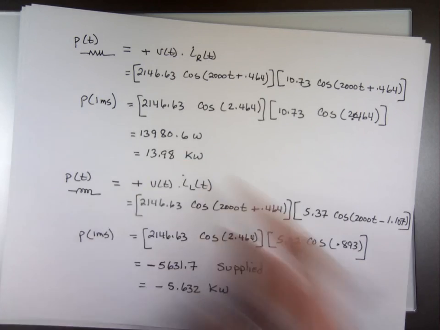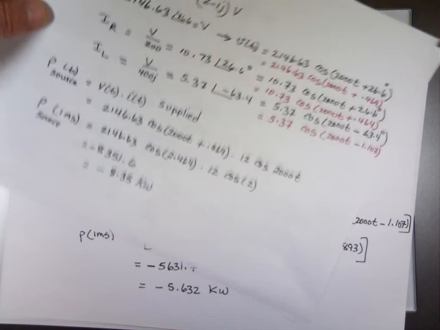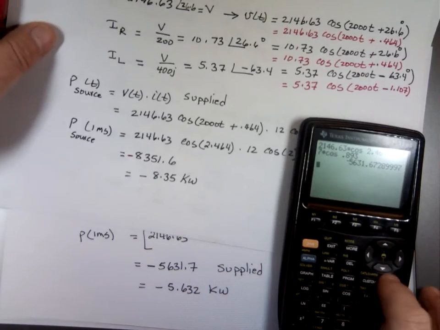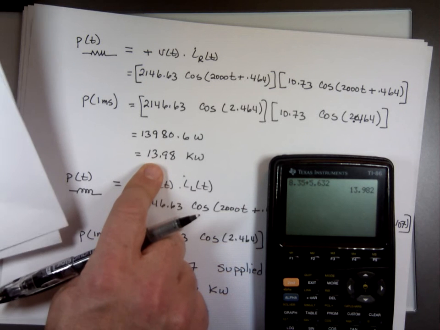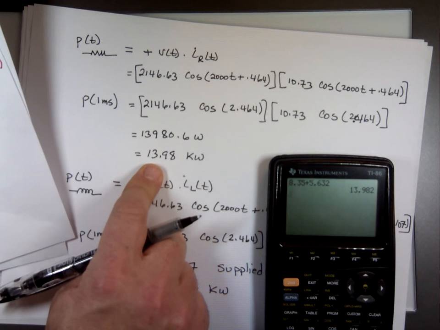Let's add them and see, because of conservation of energy. 8.35 plus 5.632. Is it 13.98? Is that what the resistor took? The power supplied equals the power absorbed.